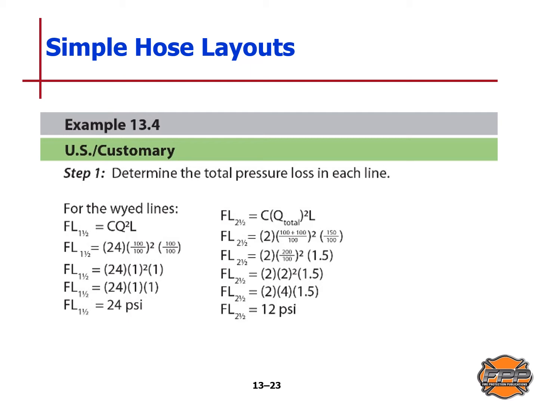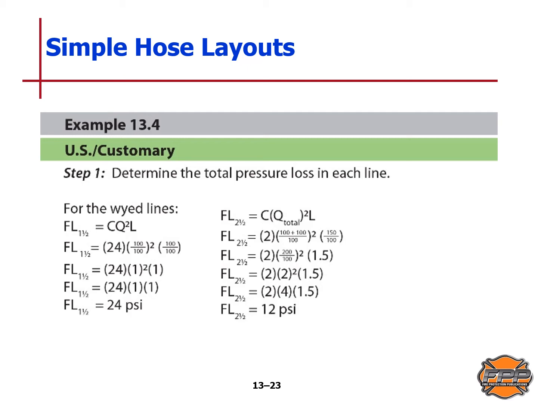If we look at the friction loss for the 2.5 inch, we get friction loss at 2.5 equals CQ total, because that's your total number of gallons flowing, squared, times length. So we plug in the numbers: 2, which is our coefficient, times 100 plus 100 over 100 squared, times 150 over 100.